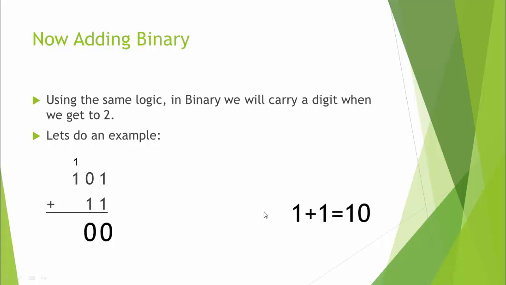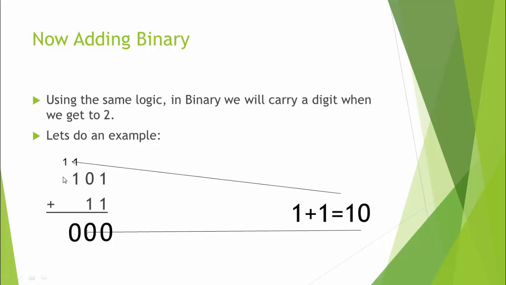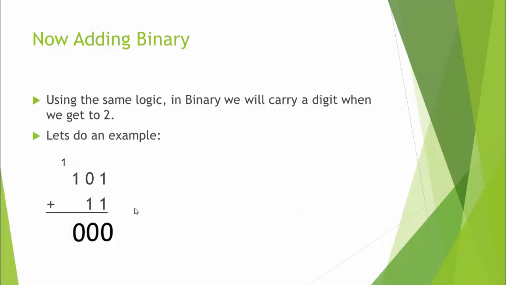Put the 0 into the 4's column, move the 1 into the 8's column. And finally, then 1 plus 0 in the 8's column gives us 1. So the answer to 101 plus 11 is 1000.